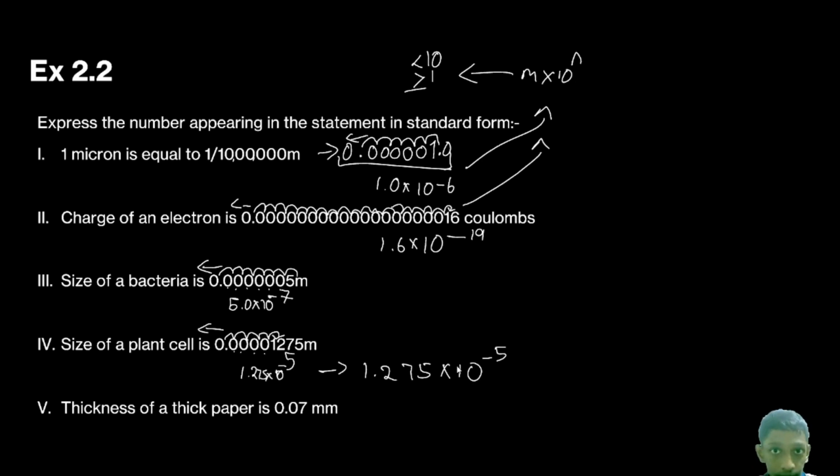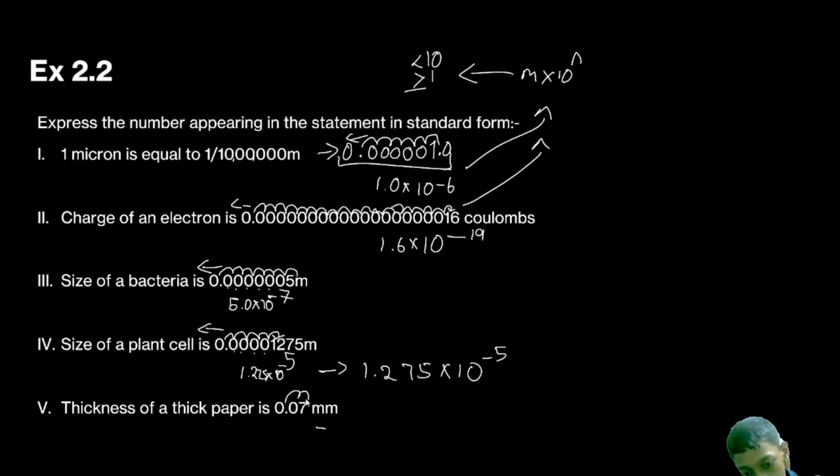Now let's take the fifth one. Thickness of a thick paper is 0.07 millimeters. So this is a negative exponent as the decimal is at the left side. How many places?